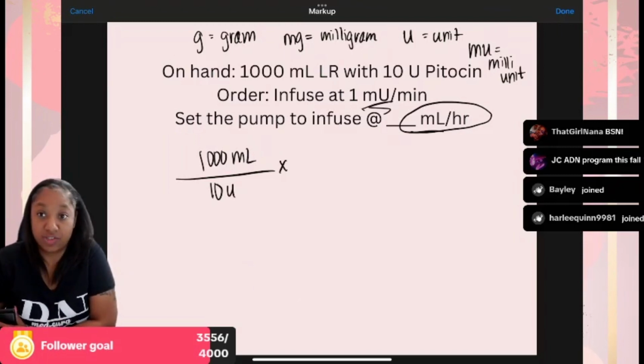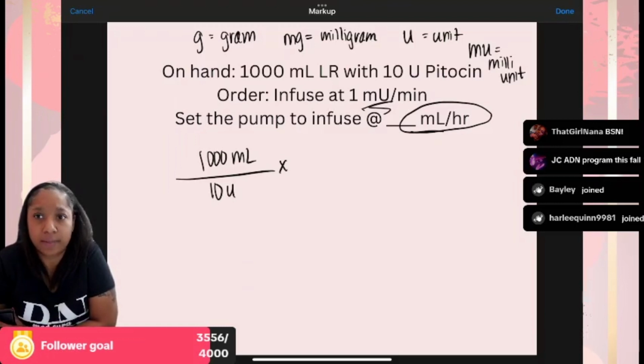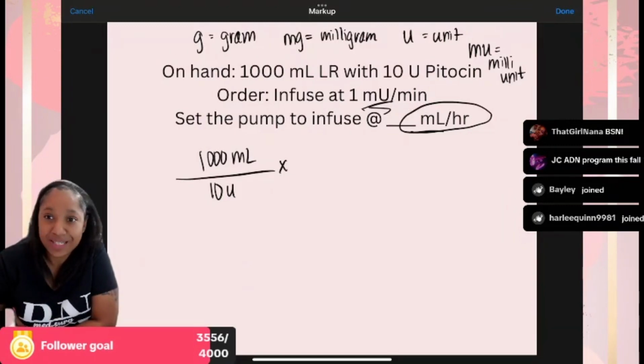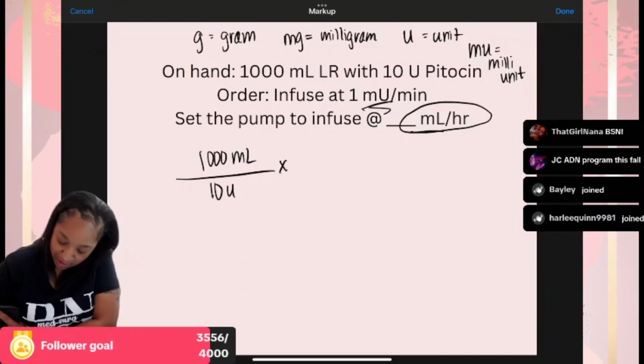The prefix is just changing. Same prefix. Just like 1,000 milligrams is 1 gram, 1,000 milliunits is 1 unit. Okay. All right. So we need a conversion.